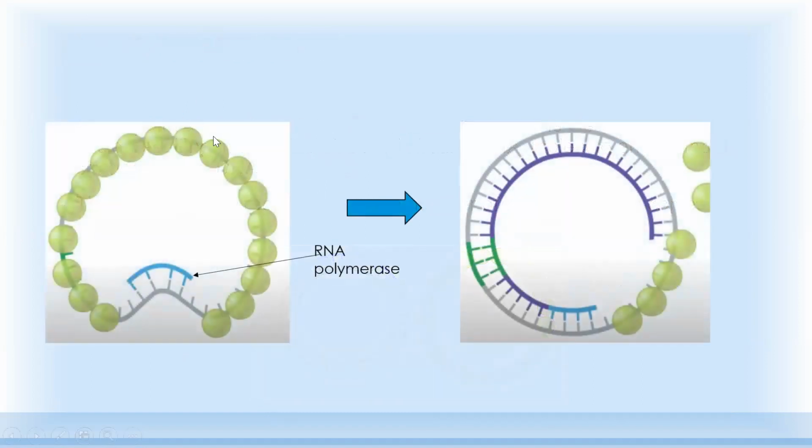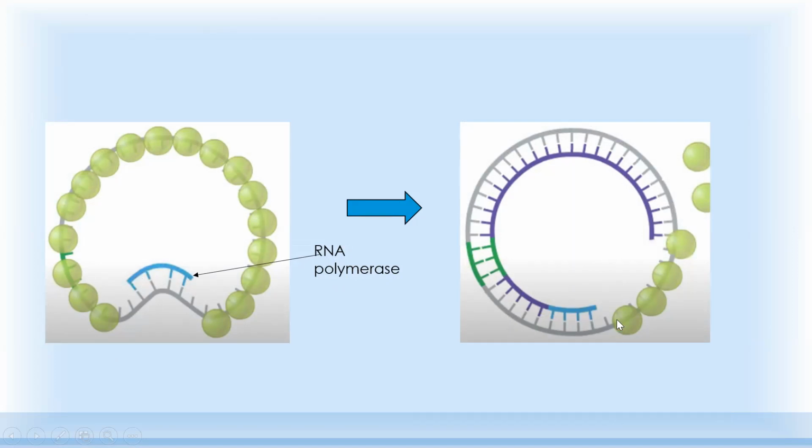What happens over here is the single-stranded DNA that was previously formed forms a loop-like structure. As you can see over here, a loop-like structure is formed, and this loop gives access to the RNA polymerase. The RNA polymerase comes and binds and acts as a primer. By acting as a primer, the DNA polymerase continues the replication process.